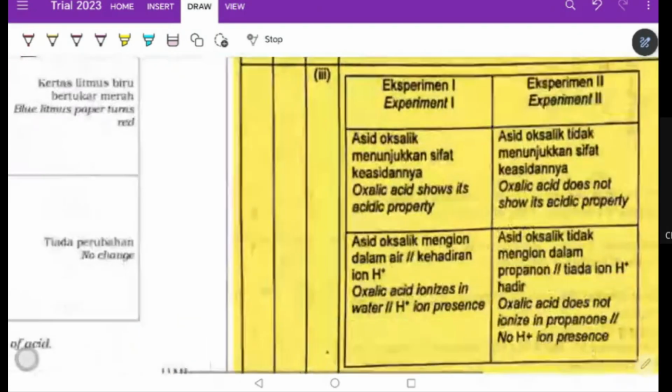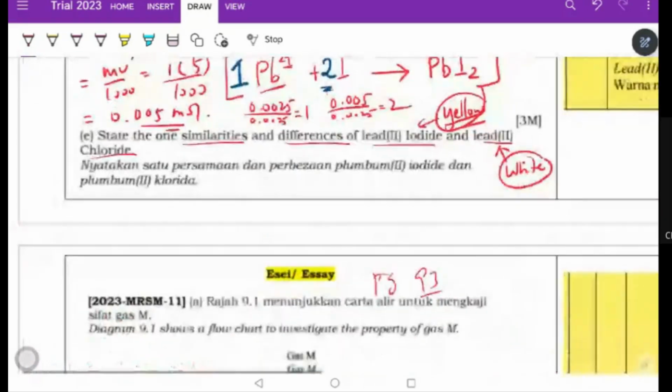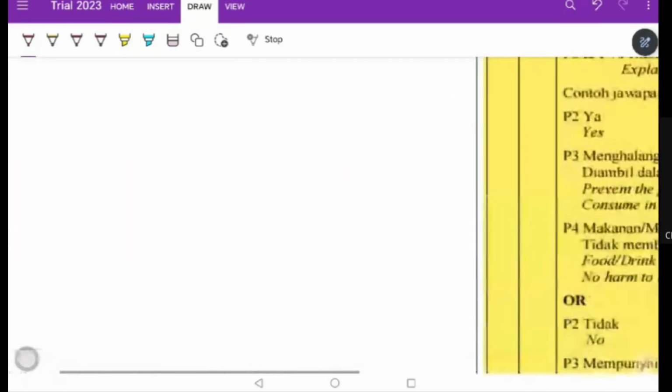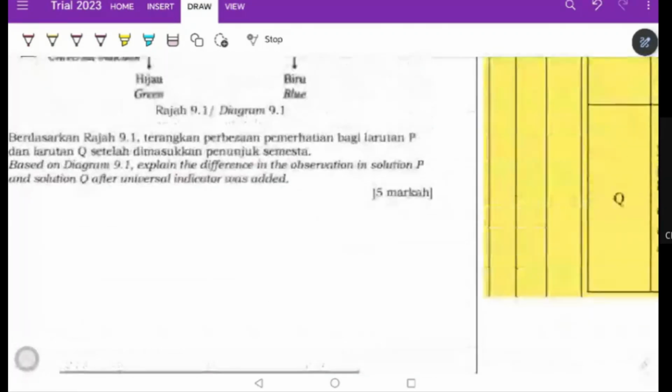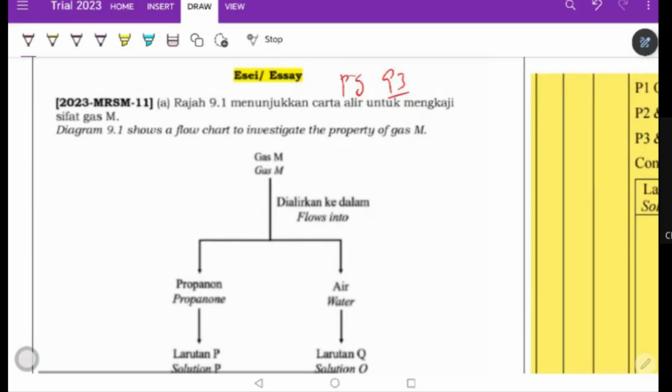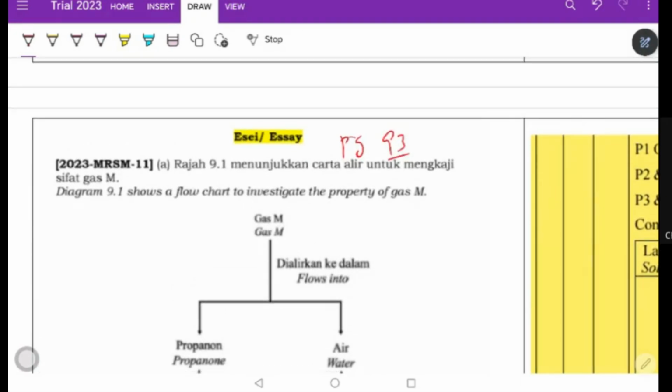Okay. Now we look into essay. If the space is not enough, then you need to get a foolscap paper. For the coming exam, each student you give three foolscap paper. Let's staple together.